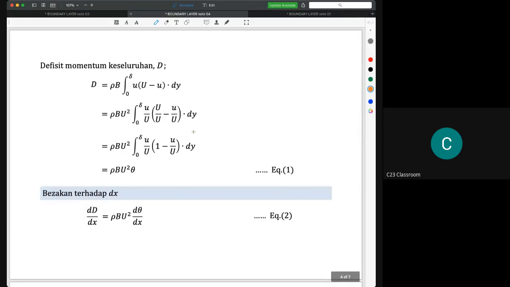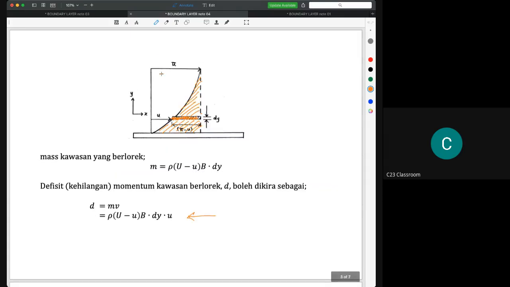So to calculate the total momentum loss or momentum deficit, we assume that the small d now becomes a capital D. So it is equal to rho b integration of (U minus u) u dy. Here you could derive from this one. So we have the integration of d here, and then we have the integration of rho u (U minus u) b dy.